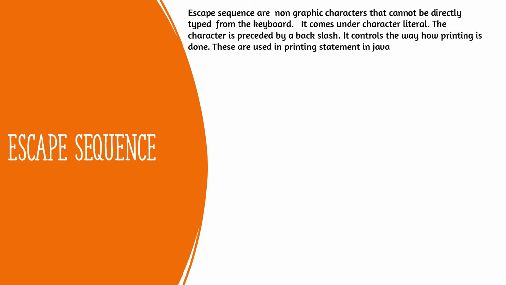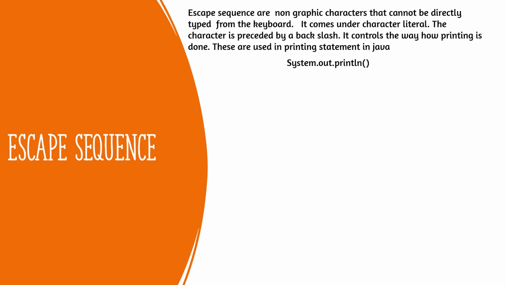Escape sequence helps us to get the output in a particular way which is not easy with the plain System.out.println statement. The printing statement in Java is System.out.println. We will be studying this in the next video. So escape sequences are used when we do the printing and when we want a typical kind of output.